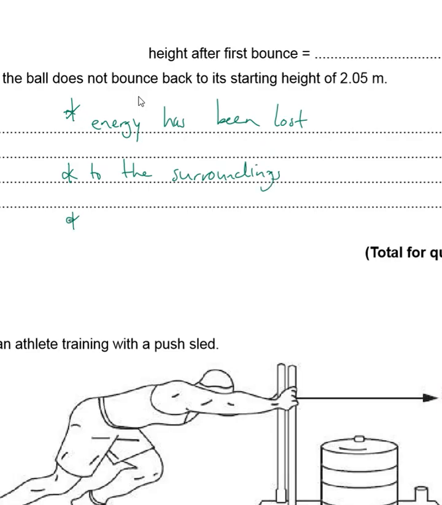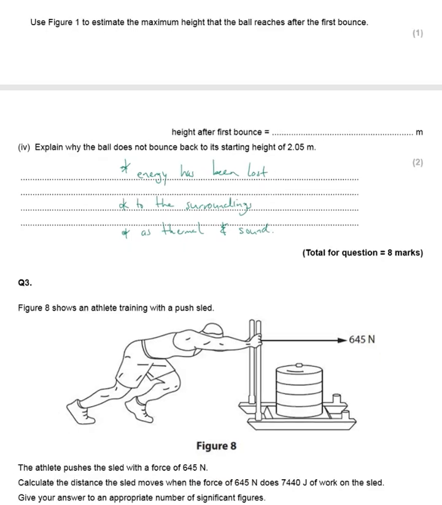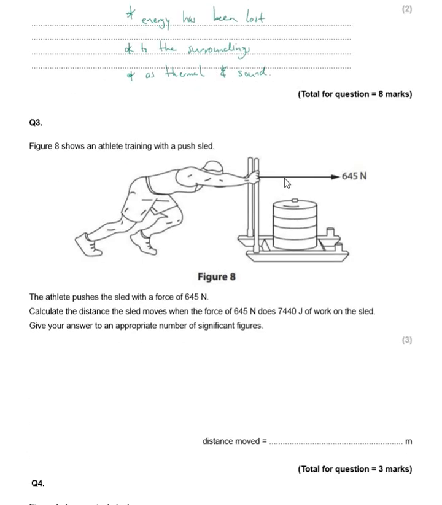How has it been lost to the surroundings? It has been lost to the surroundings as thermal and sound. Okay, so that's how we get our 2 points. Okay, so this is the proper version of it.